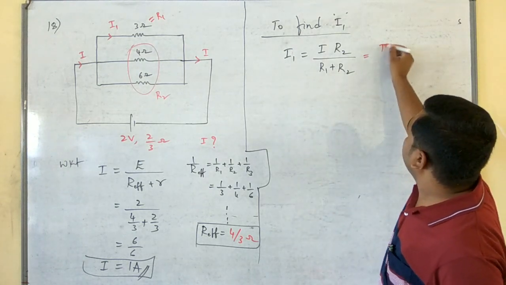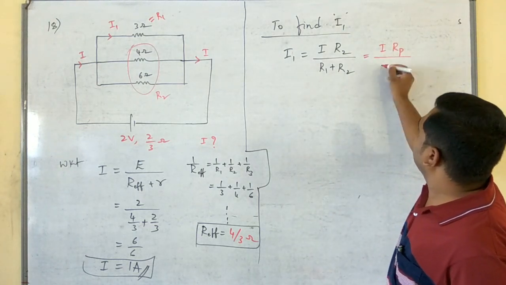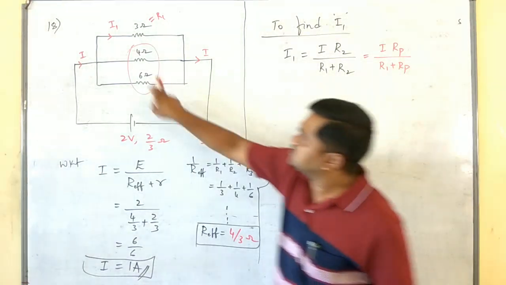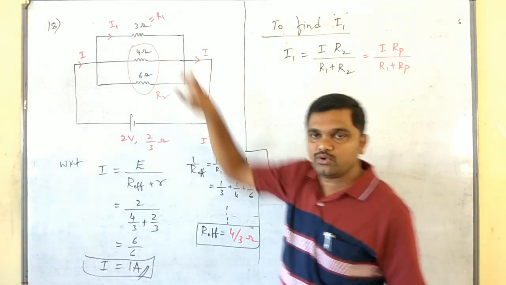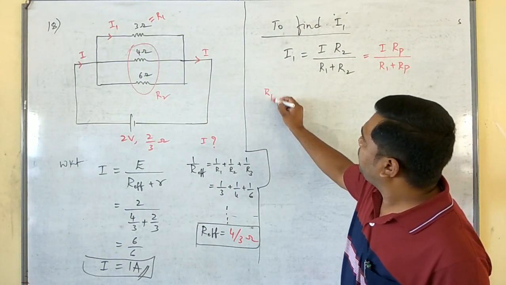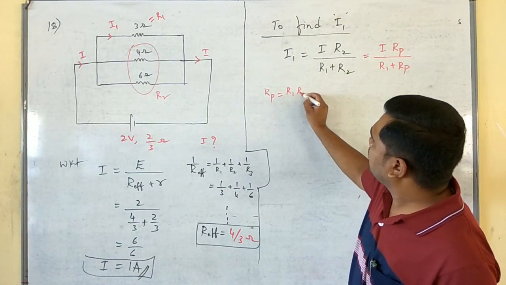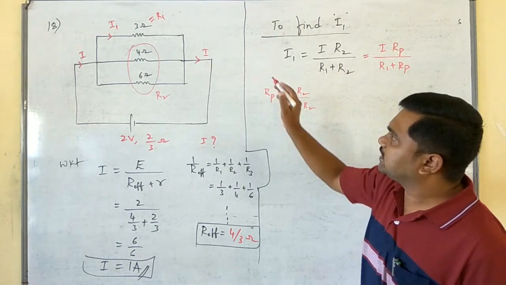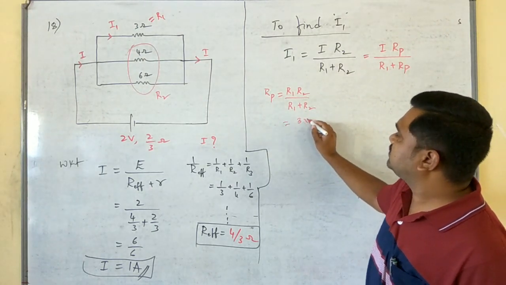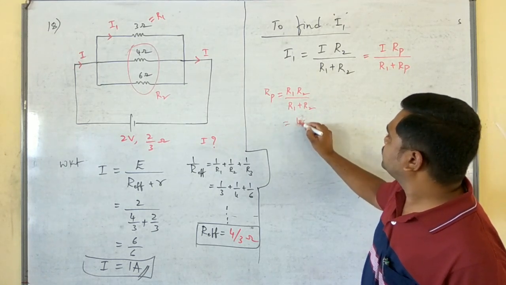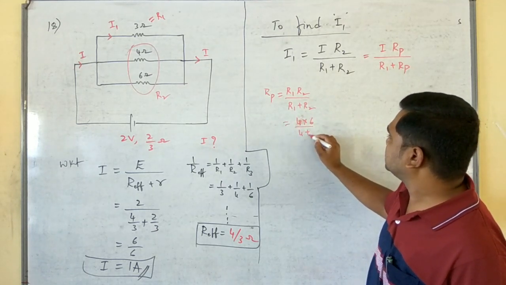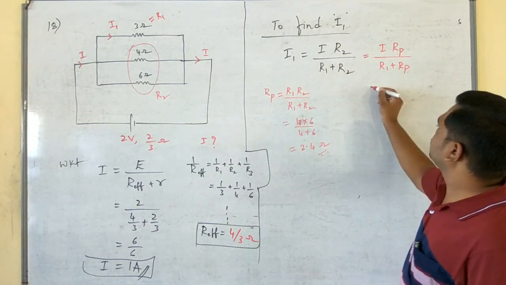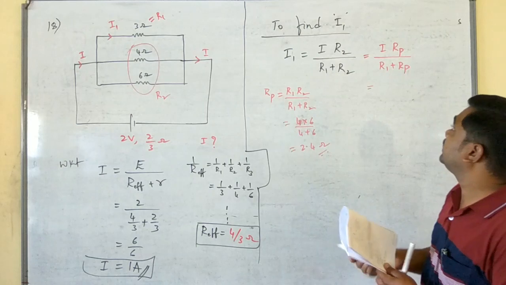That is I into RP divided by R1 plus RP. What is the RP for these two? RP is equal to R1 R2 divided by R1 plus R2. That is 4 into 6 divided by 4 plus 6. It gives you 2.4.